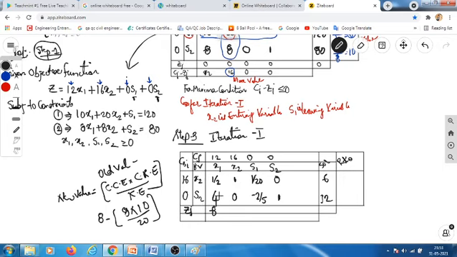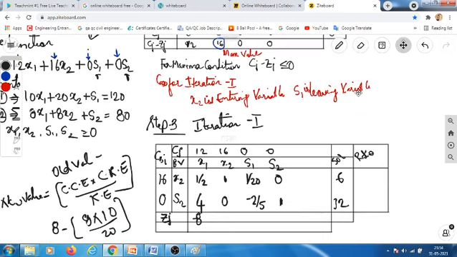Here 16 into 1 plus 0 into 0, this is 16. 16 into 1 by 2 plus 0 into minus 2 by 5, this value is 4 by 5. 16 into 0 plus 0 into 1 is also 0.